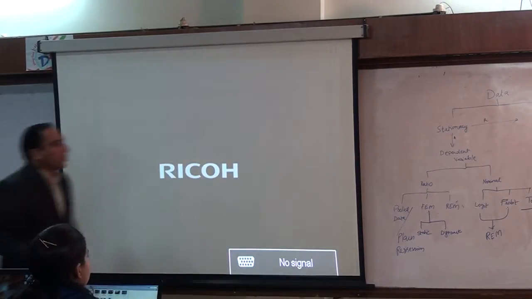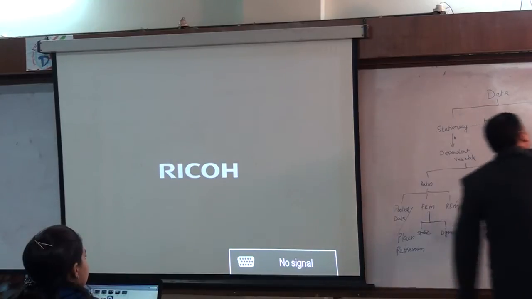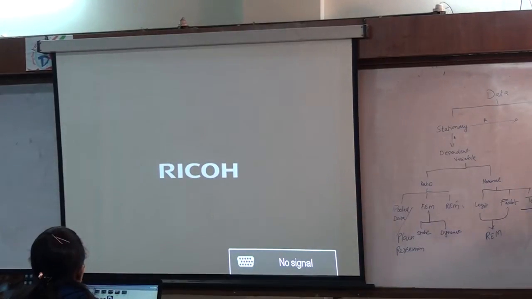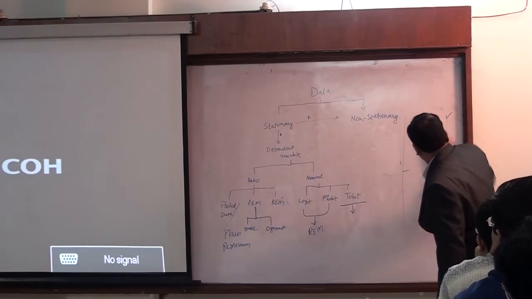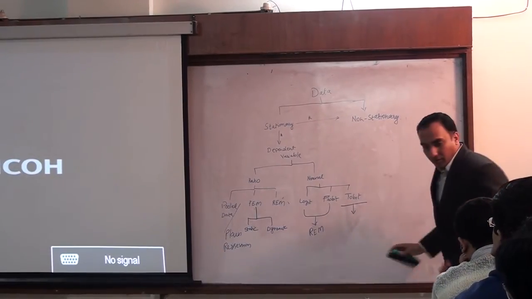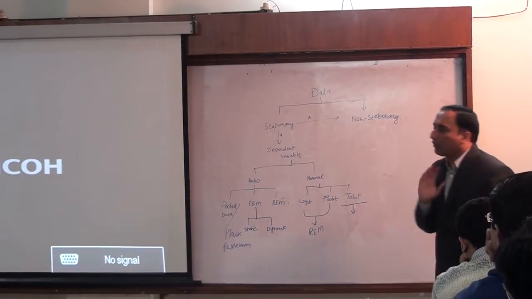Now, suppose I take a very simple case where all my processes are I1. All my variables are I1, so my data is non-stationary. We will only discuss that case. So what do we have to do?